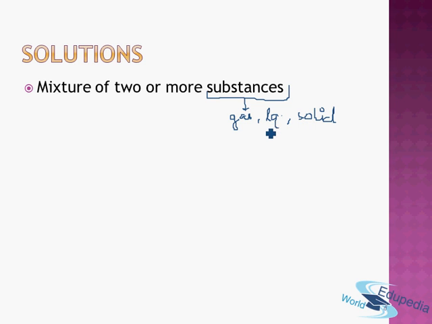There are numerous examples of solutions around us, and we are not going to go into details of them in this chapter. We just need to know what a solution is, and now we understand that. A mixture of 2 or more substances is a solution. Even 2 solids can be mixed to form a solution, something that you call an alloy.